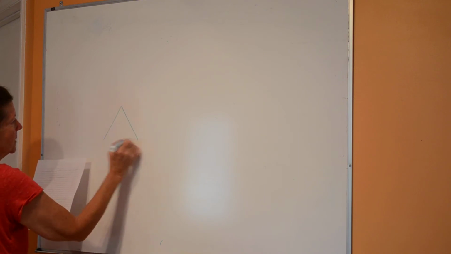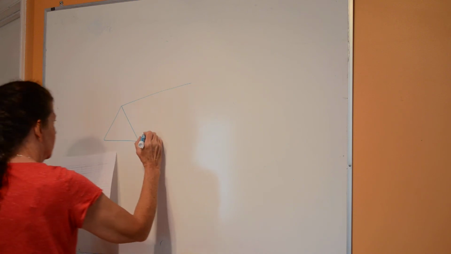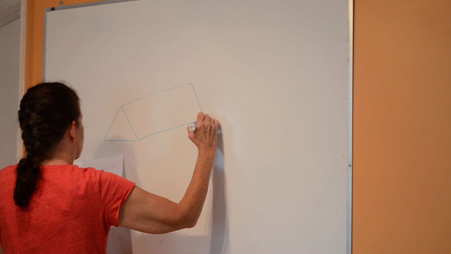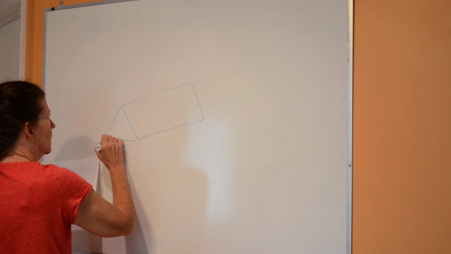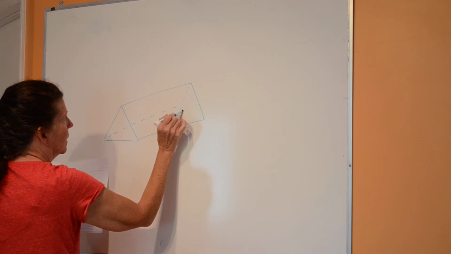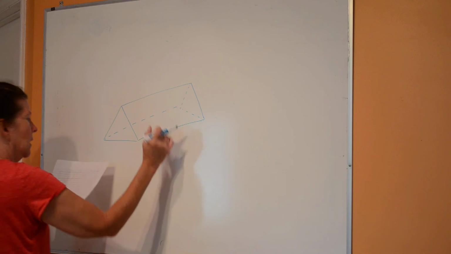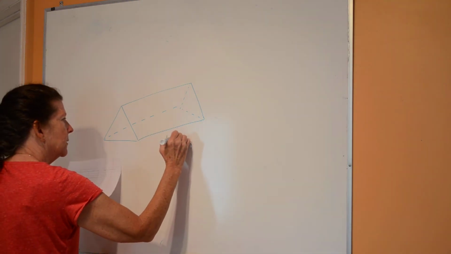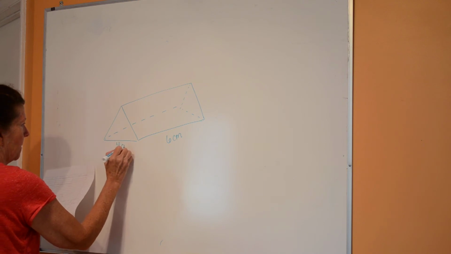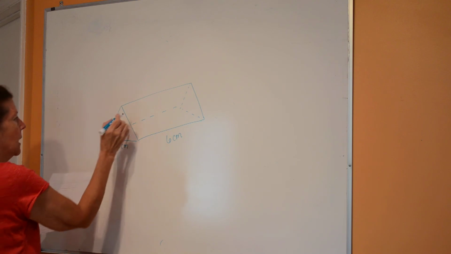This again is a triangular prism. Something like that. Okay. This is 6 centimeters. This is 4 centimeters. And let's see.